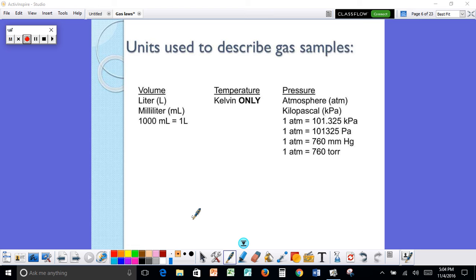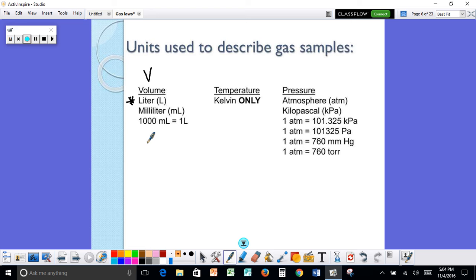Alright, so looking at gas laws and in general for our measurements that we will be taking and calculations that we'll be doing, it's important to know what units of measure we're going to be using. So for volume, which is typically represented by V, we are primarily going to be using liters for our unit of measure.